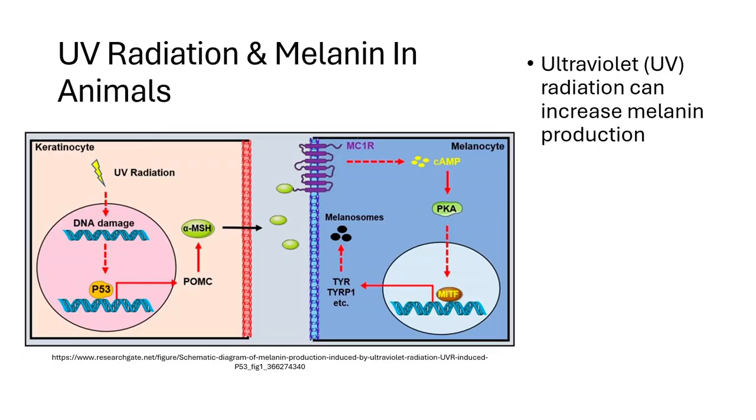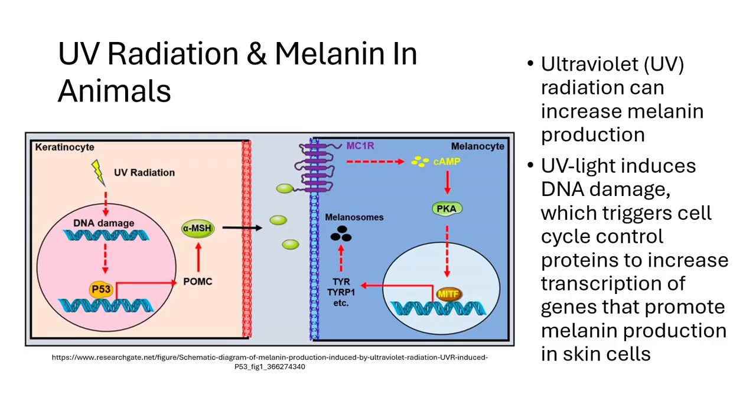But for most people, when they're exposed to ultraviolet radiation, like in sunlight, that's going to change their melanin production. That's how people get a tan. So, what ends up happening is UV radiation damages DNA. When skin cells detect this DNA damage due to UV radiation, that's going to activate some cell cycle proteins.